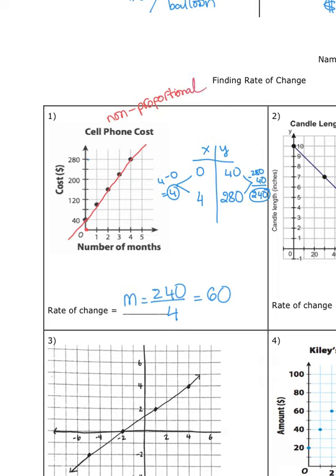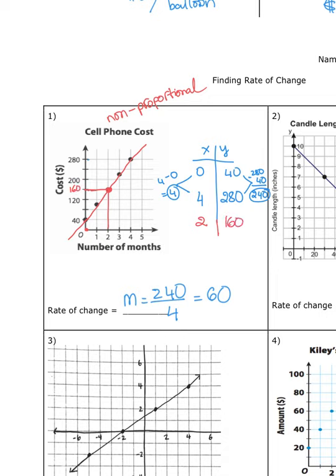Right? And if we pick a point, for example, this one right here at month 2, between 120 and 200, this point is 160.